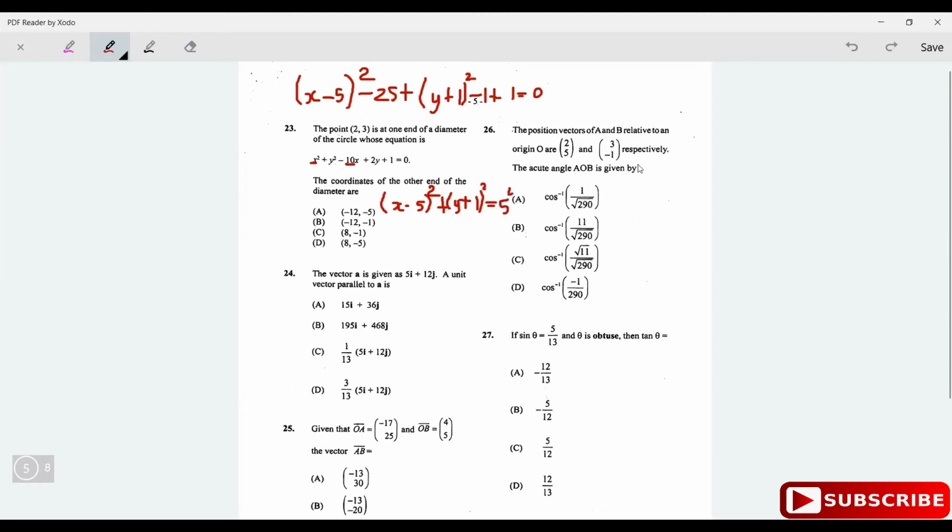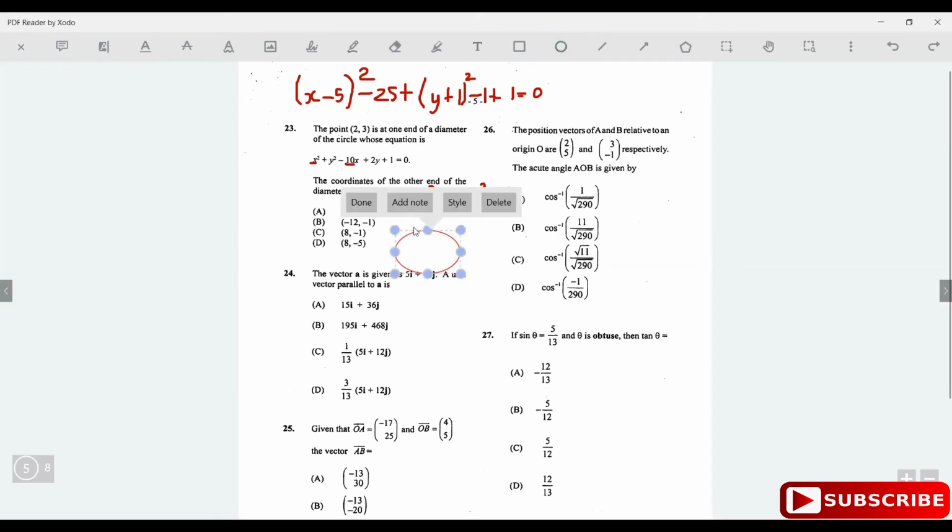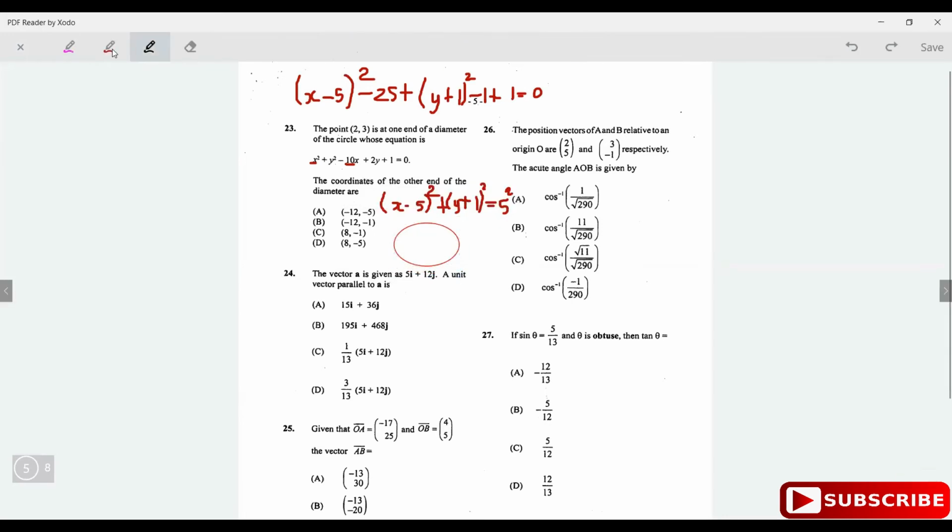Since this is what we have now, we're good. Now I'm just going to draw some random circle so we get an idea of what is going on. And we now know that the center is (5, minus 1).